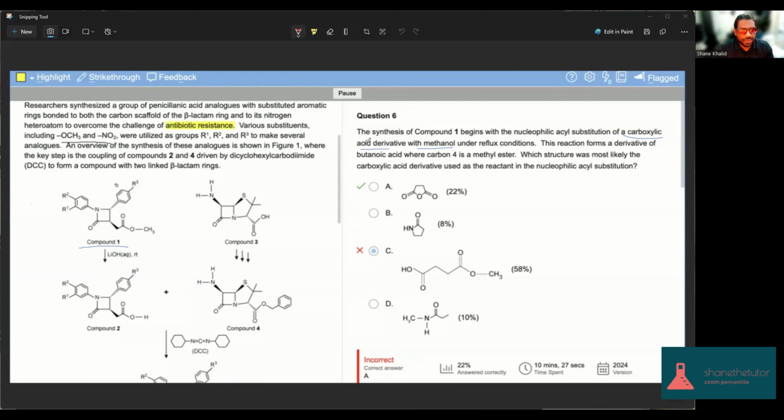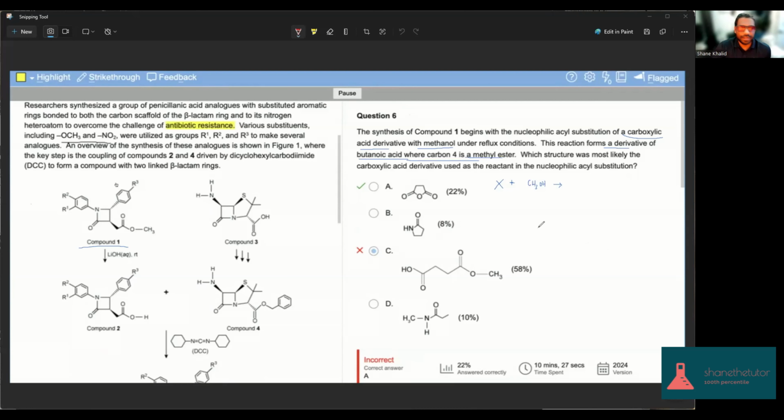Now, we don't know what this carboxylic acid derivative looks like, so I'm just going to use X to express that, plus the methanol, CH3OH, yields, and they're telling us that it forms a derivative of butanoic acid where carbon 4 is a methyl ester.